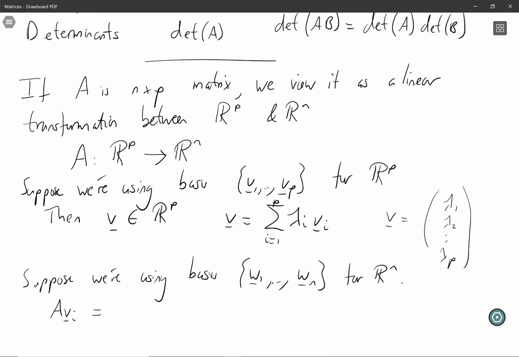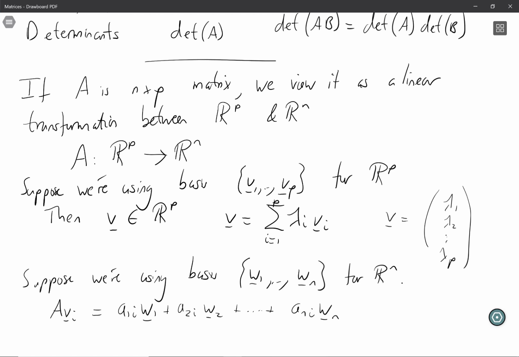So let's write this as A1i W1 plus A2i W2 plus dot dot dot plus Ani Wn. Okay. And similarly for the other basis vectors.